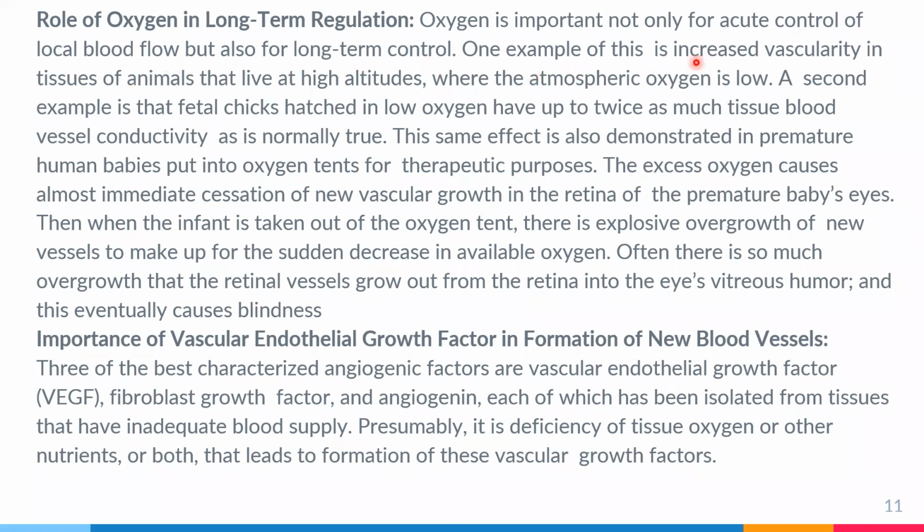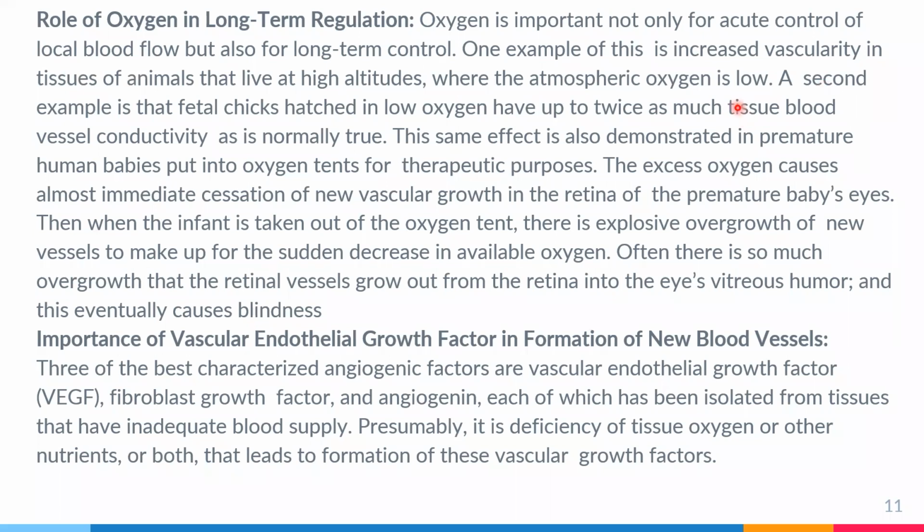One example of this is increased vascularity in tissues of animals that live at high altitude where atmospheric oxygen is low. So when atmospheric oxygen is low, the blood vessels carry less oxygen, and thus there is a need for excess oxygen at the tissue level. And this guides the long-term regulation via the increase in vasculature of the particular tissues.